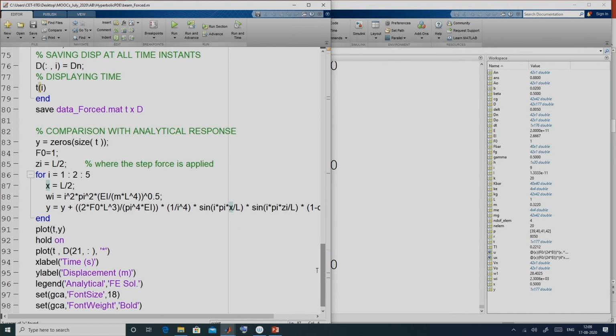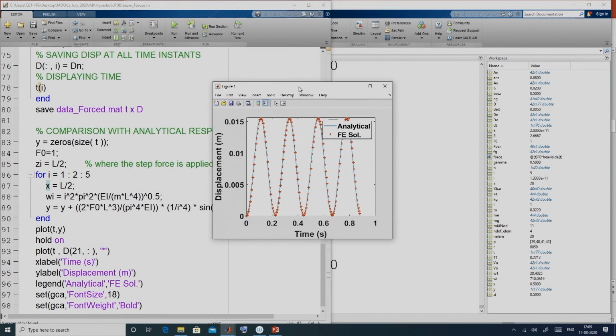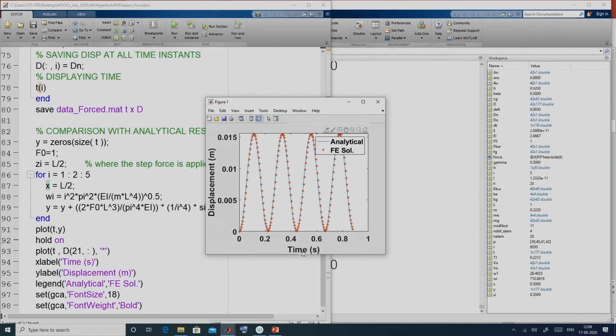Now if I run this again, it will give a similar response, but if you look closely, the magnitudes are different. As I told, here I have plotted time versus displacement, and since at time instant t equal to t naught the force becomes 1, suddenly the force comes into the system, and the system starts vibrating.